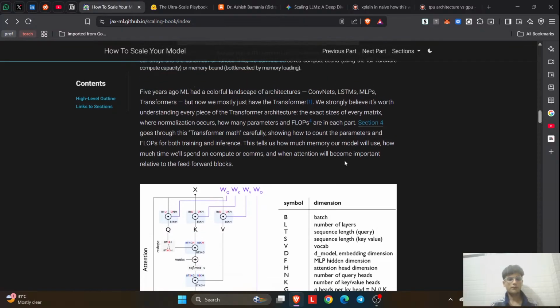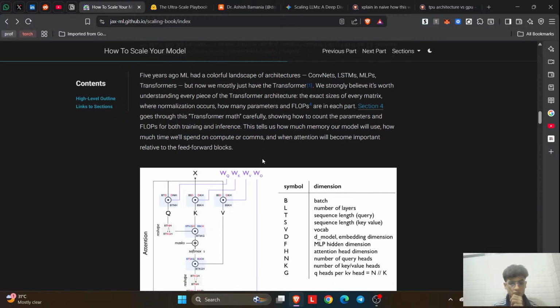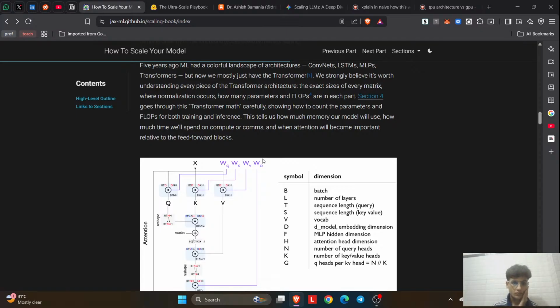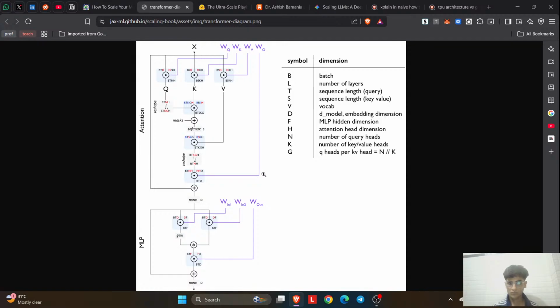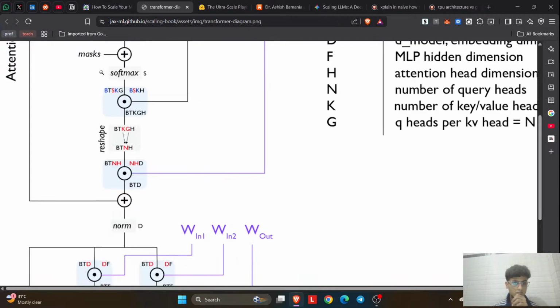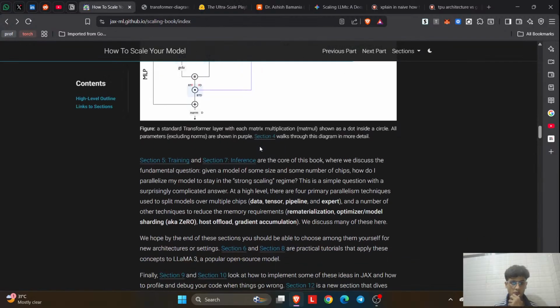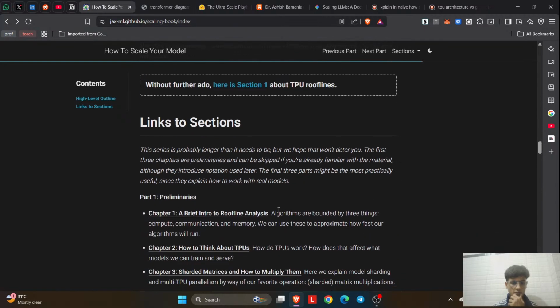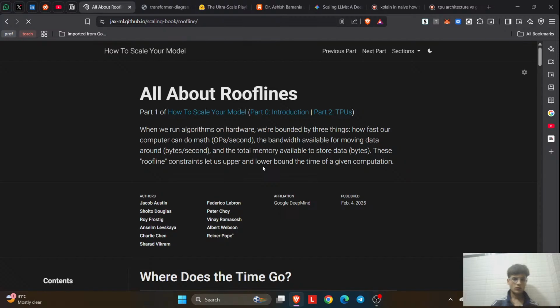That is good. Okay. These are the symbols. Section 5, link to the section. Okay, next one. When we run algorithms on hardware, we are bounded by checkpoints: how fast a computer can do math.